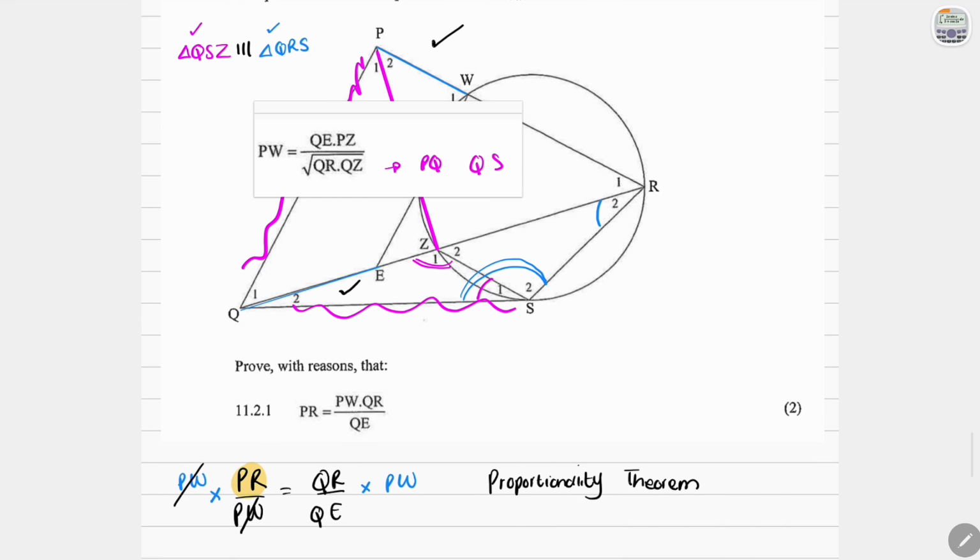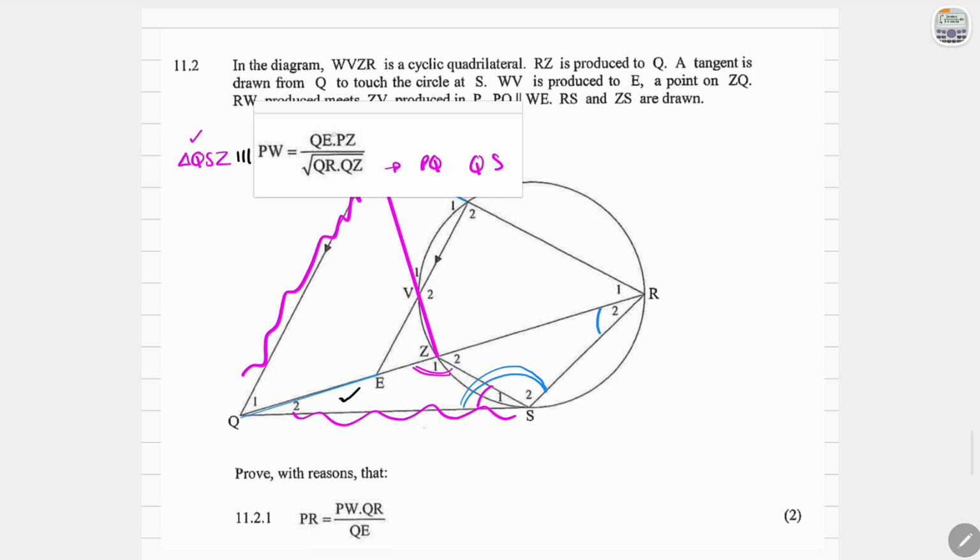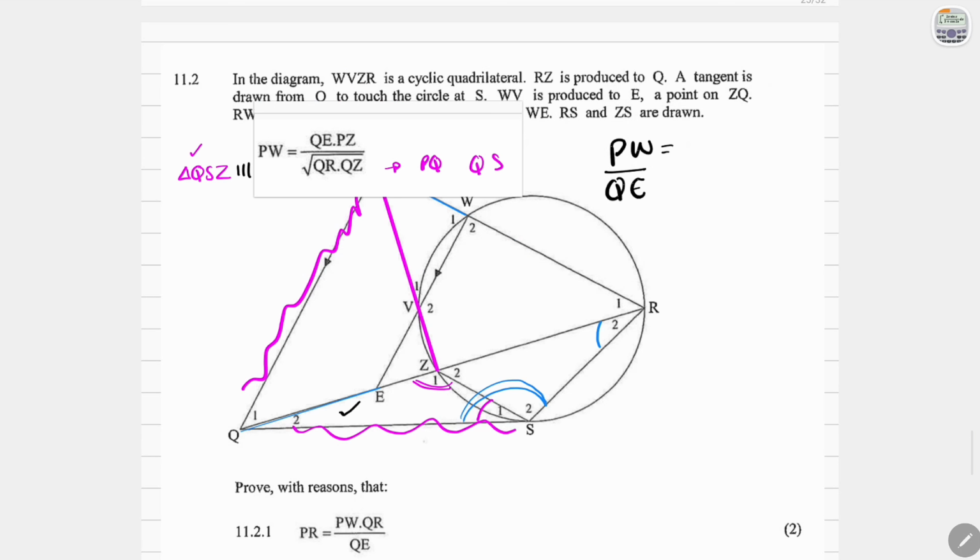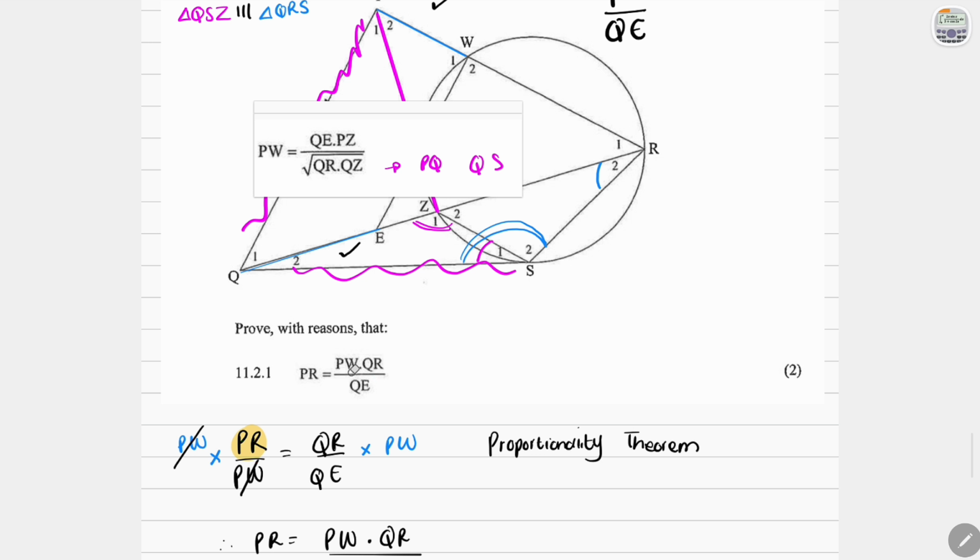We can actually see how they might have put that in, because from the way they wrote this as PW equals, and QE is here. If you wanted to move QE to this side, because it's currently in the numerator, when it moves over to the side, it will go to the denominator. And so that makes perfect sense. So PW goes over QE, like we can see here.